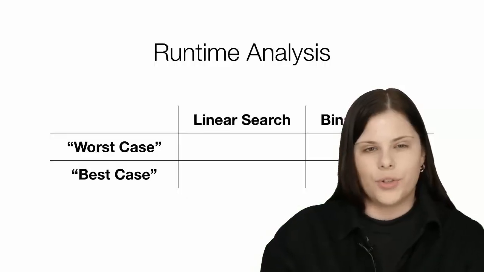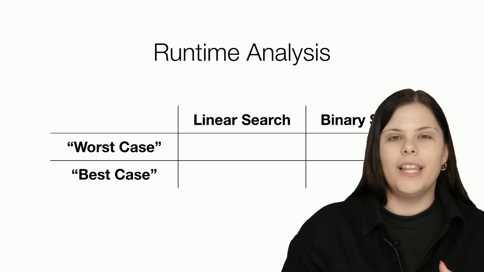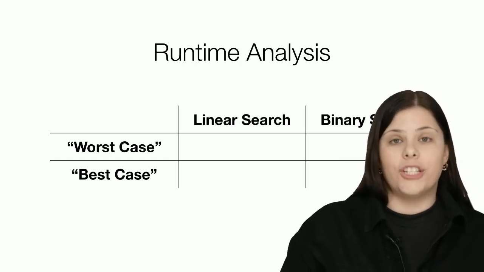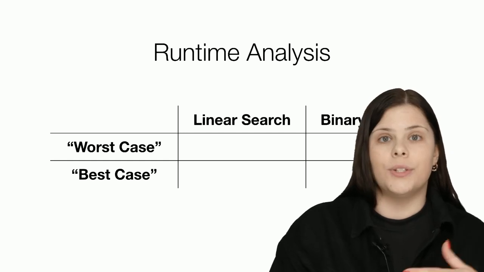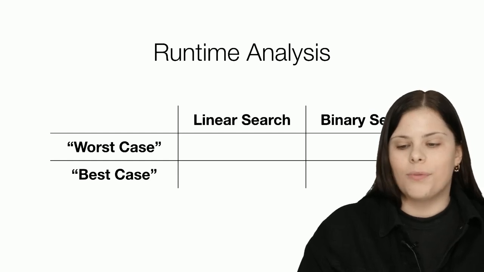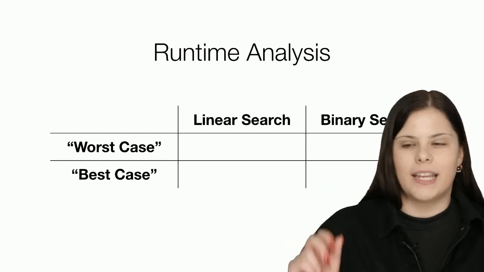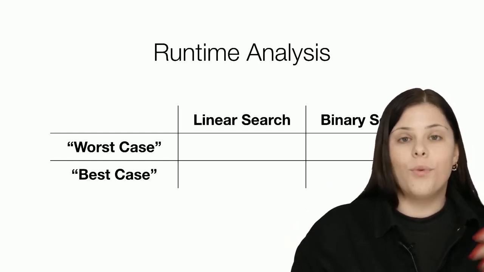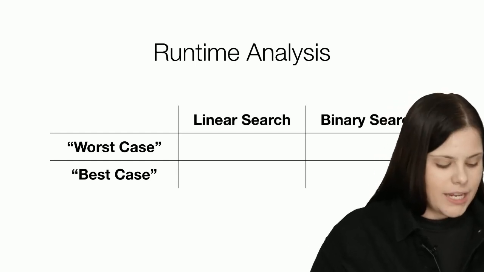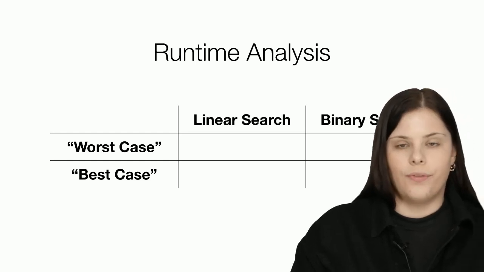So we've considered 2 algorithms, right? Linear search and binary search. Now let's talk about how much time does it take us to complete each of these algorithms. So let's consider a table like this, where we have linear search and binary search, as well as the worst case and the best case scenarios, right? In worst case, how many times would it take us to find our book, right?